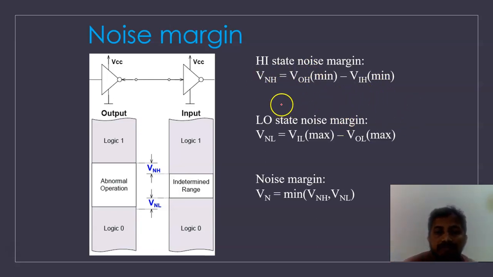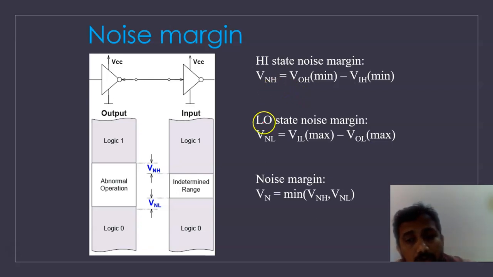VOH is the minimum voltage required at the output to be considered a high voltage, and VIH is the minimum voltage required at the input to be considered a high voltage. So the difference between VOH minimum and VIH gives you the noise margin.